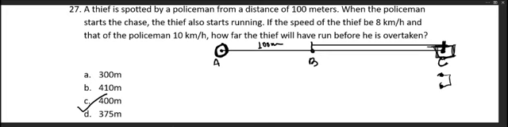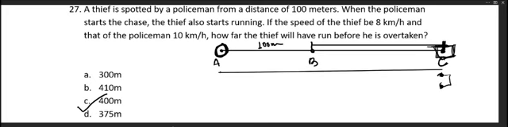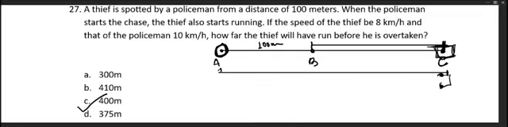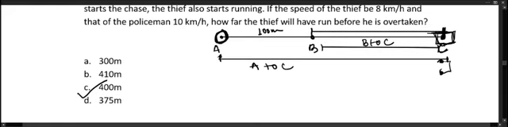So from here we can understand that the distance traveled by the police is A to C, and the distance traveled by the thief is B to C. So after traveling different distances, both police and thief are at point C. It means both police and thief take the same period of time to reach point C, and only then can the police overtake the thief.